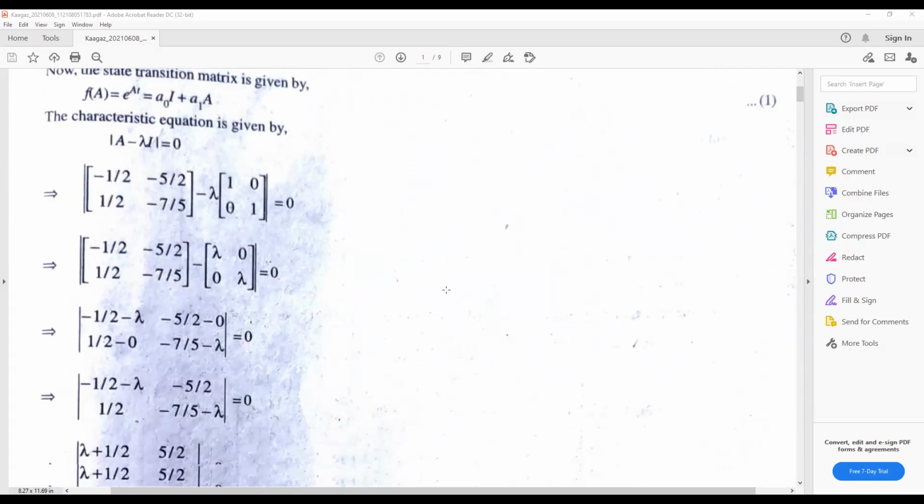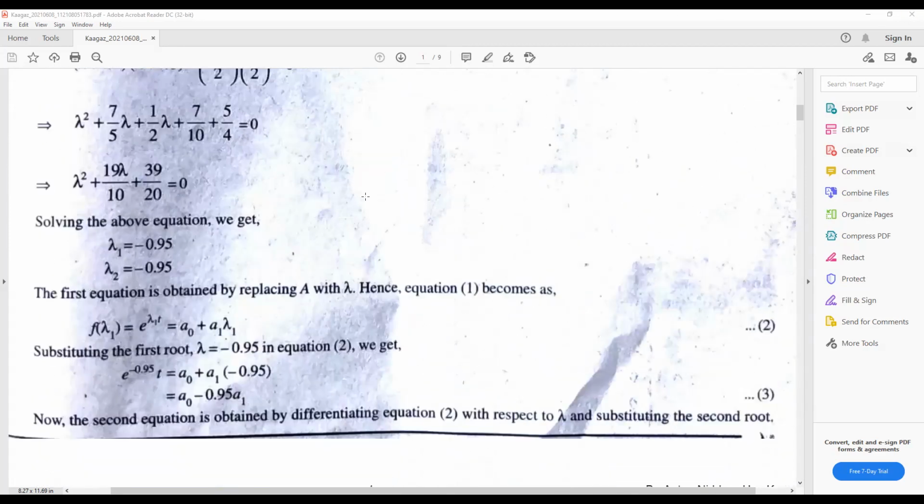Now, replacing A with lambda 1, f of lambda 1 is equal to e power lambda 1 t, which is a naught into I plus a1 into lambda 1.